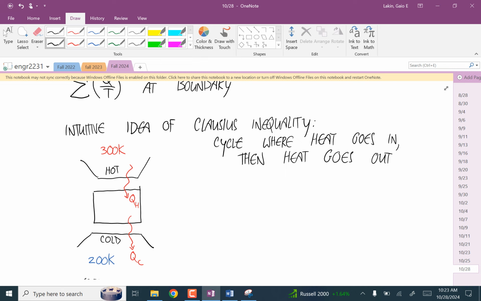Okay, well, if it's a cycle, then that has to be the same amount of heat, right? So a cycle says that QH is equal to QC. Let's give it a number. So say we have 1,000 joules of heat for this cycle.